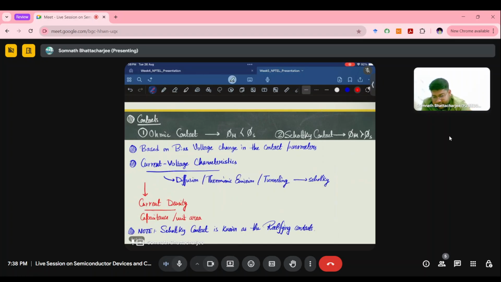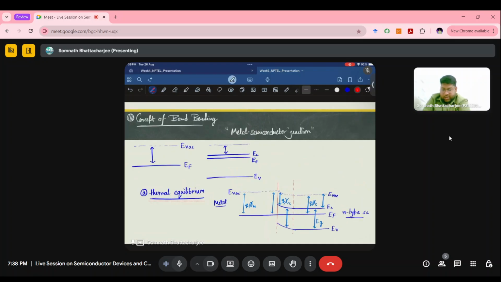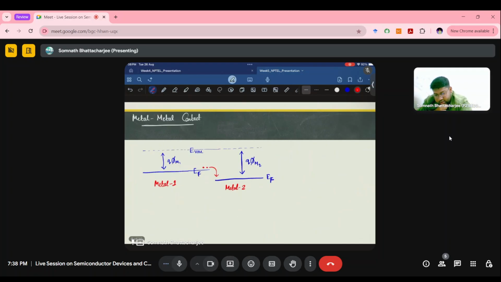So in this case as well, let me draw it here just for this case. If we have a slope like this, electrons behave like small marbles.